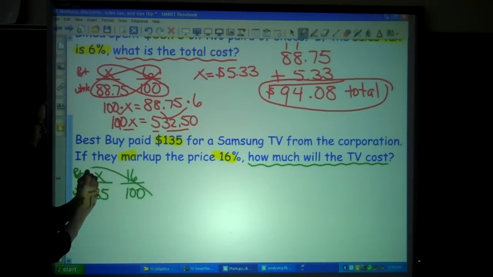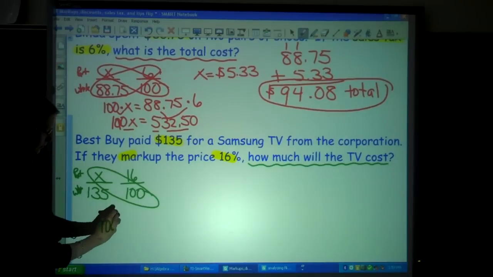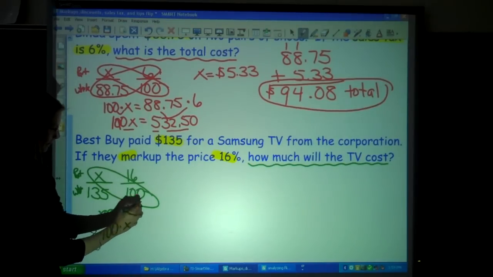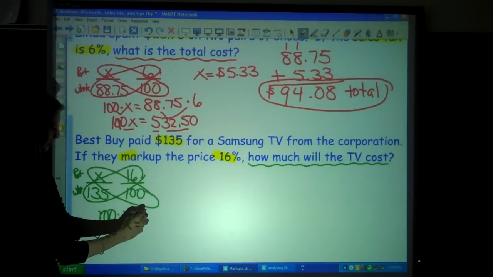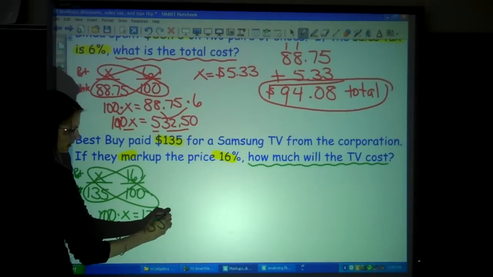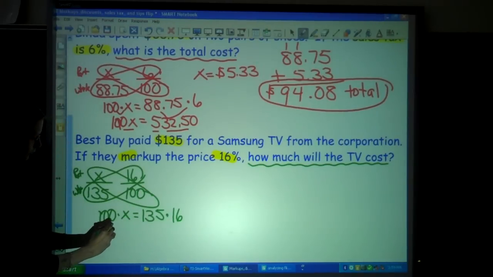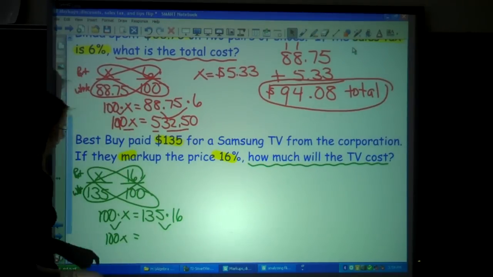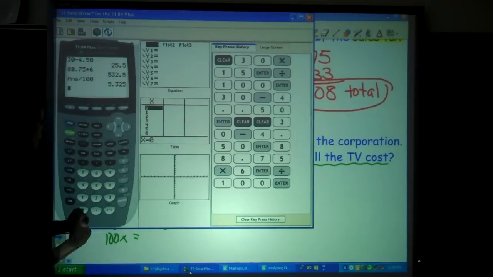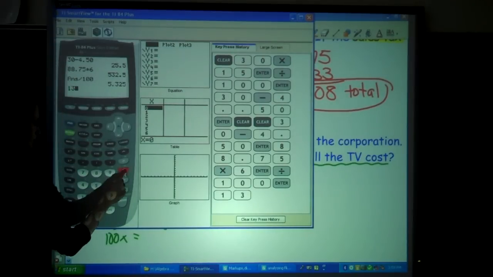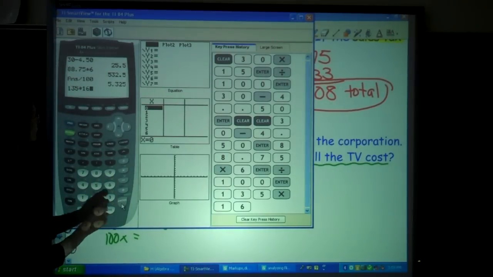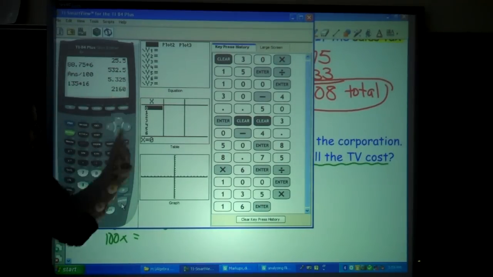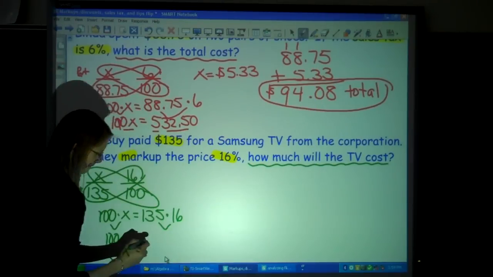Now I'm going to do my extremes times my extremes. So my variables on that side. And my means times my means. 135 times 16. 100 times x is 100x. 135 times 16 is 2,160.